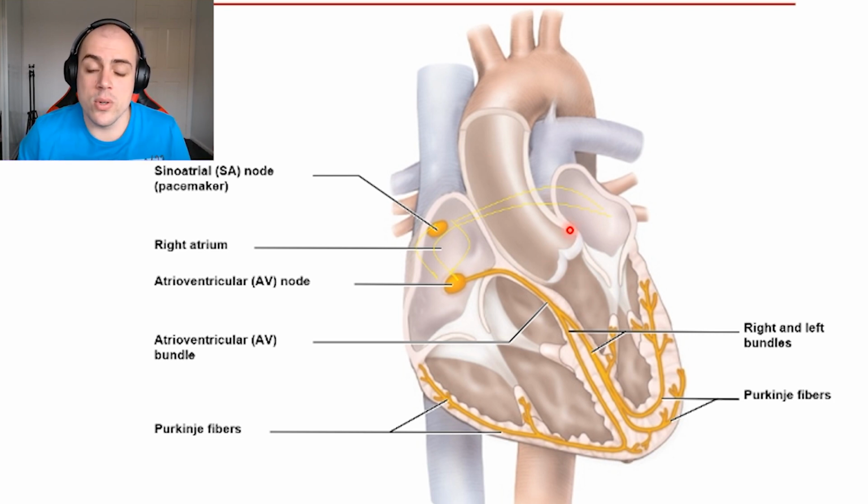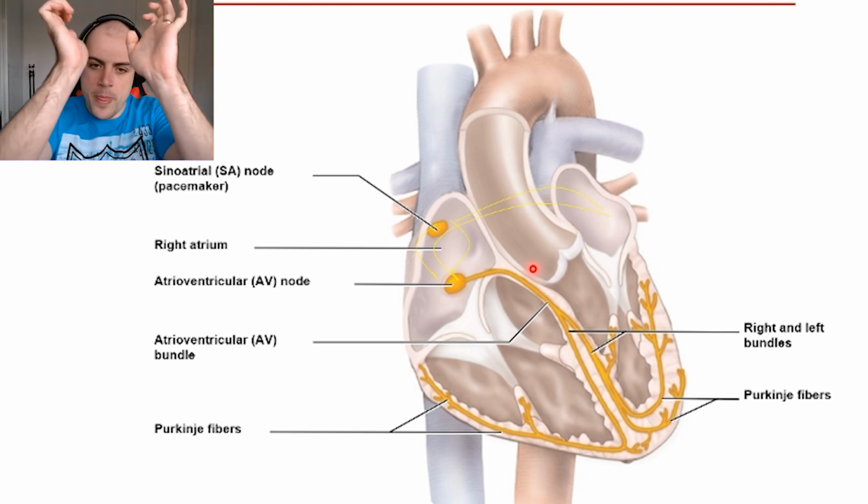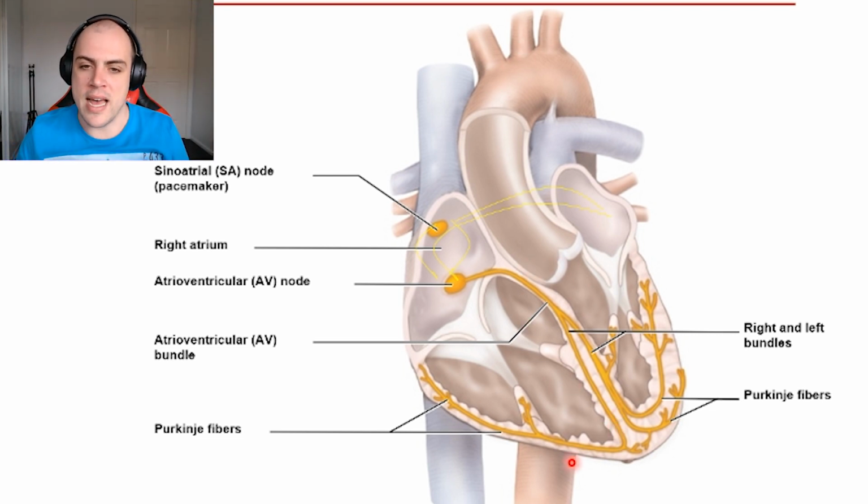So this is our aortic semilunar valve. And then behind that, we can see our pulmonary trunk. They're both up higher. So we want the heart to start constricting from the bottom and squeezing up to the top, because that's the direction we want to push that blood. We want to push it up and out.